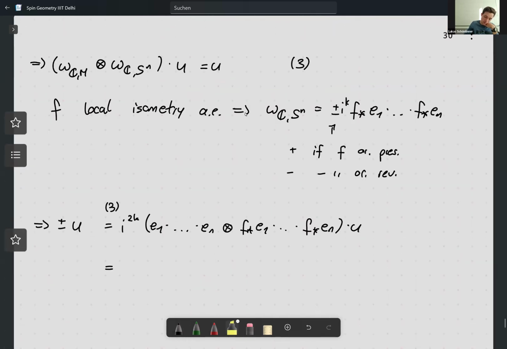And now the dimension is even, so we can pair all these basis elements in pairs, e_1, e_2, e_3, e_4, and so on. And we actually get that this is (-1)^k u, by equation 1 applied iteratively.